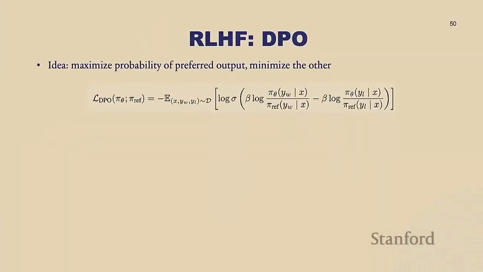So the loss is actually this one, where what you see is simply some log of the model. So this is the likelihood of a model generating the things that the human preferred given the inputs. And what you try to do is basically maximize the likelihood of generating the things that you like, minimize the likelihood of the things that you don't like. All the rest of the terms here are not too important.